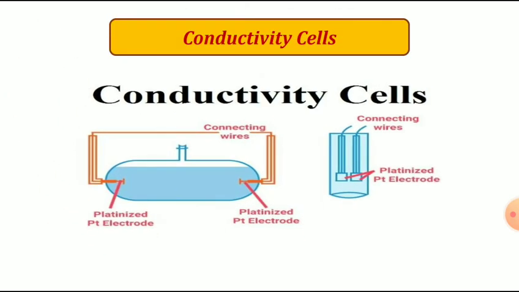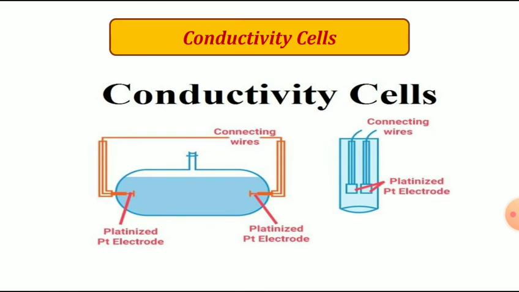Now we will see conductivity cells. This is the figure of a conductivity cell. On the left hand side, they drew the diagram in blue color. In that diagram, the square shape is the platinized platinum electrode. Both wires are connected to the conductimeter.